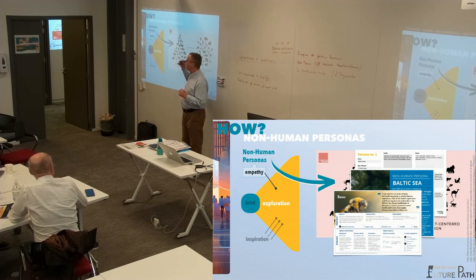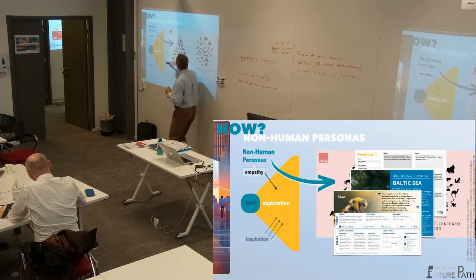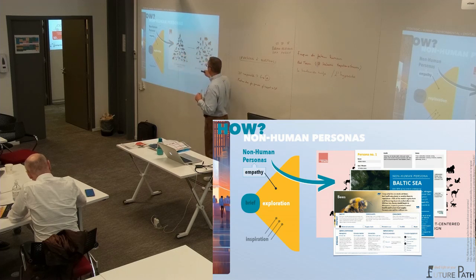So if we move from a human-centered design, meaning the human is seen at the top of the value chain, to just considering the human as one of the species living in the world, then you start seeing things very differently.